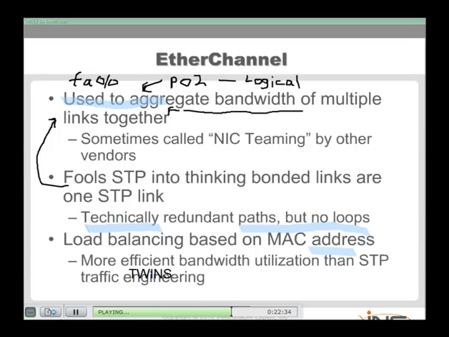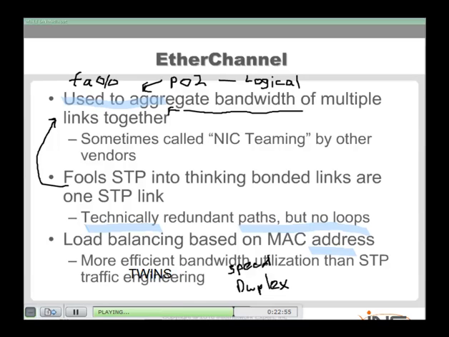So when we are configuring these EtherChannels, we need to think in terms of, okay, for the physical interfaces, we need the same speed. We need the same duplex. We need the same allowed VLAN list.